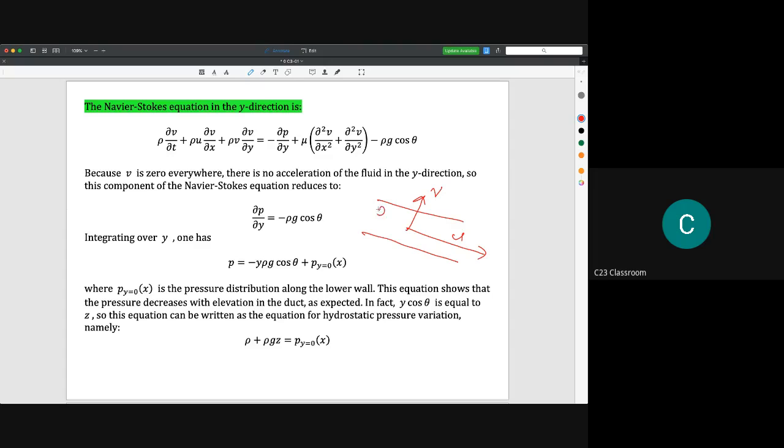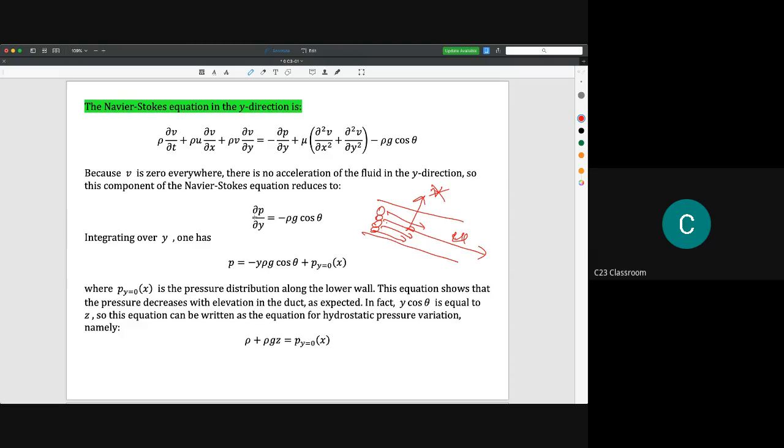We assume that all the molecules will flow in a straight line, meaning molecules have the u component but not v. That's why, because v is 0 everywhere, there is no acceleration in the fluid. You know that acceleration needs a change in velocity, so for sure it doesn't have acceleration. So we could reduce everything in the y-axis Navier-Stokes equation into this one.